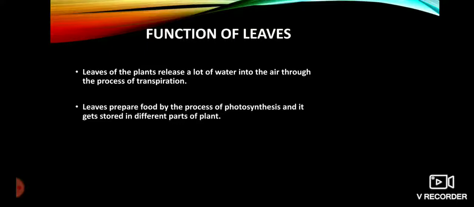Lamina, the broad part of the leaf. Veins, the lines that we see on the leaf. The thick line we see in the middle, we call it midrib. And two types of venation, reticulate venation, that is net-like design of veins, and parallel venation, where the veins are parallel to each other. So that's all about this session.